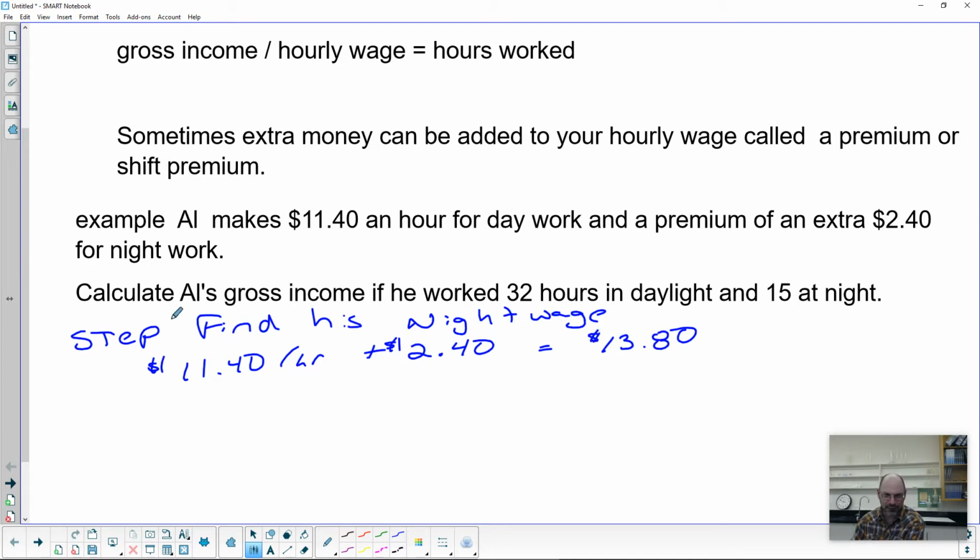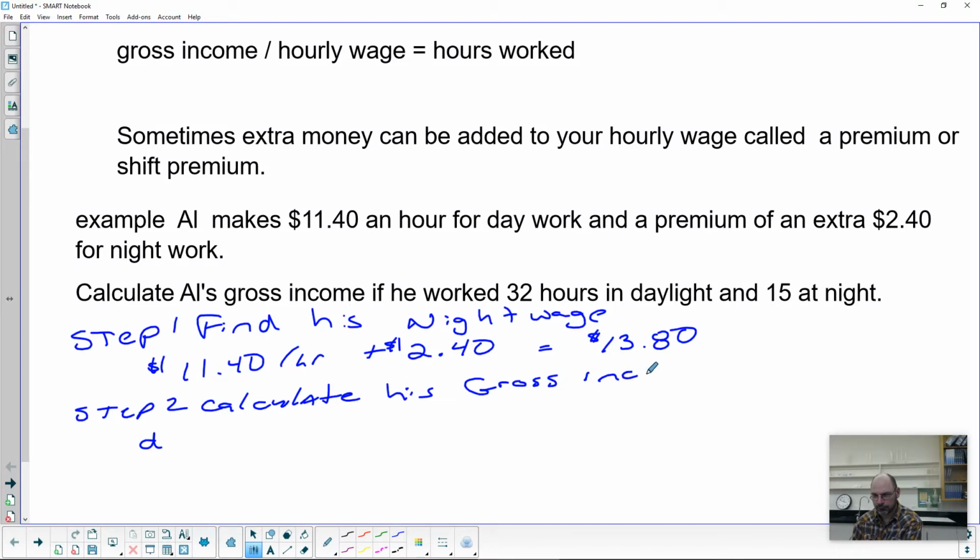In step two, we're going to calculate his total wage, or his gross income. In the day, it's $11.40 per hour times 32 hours.